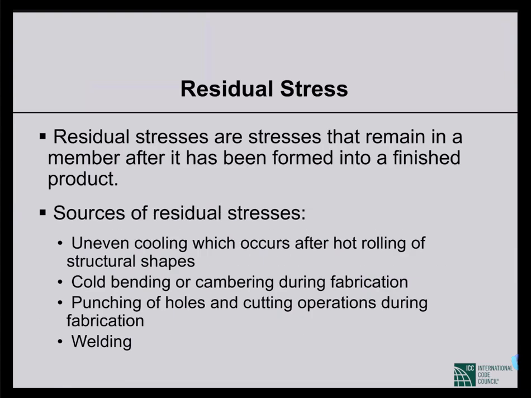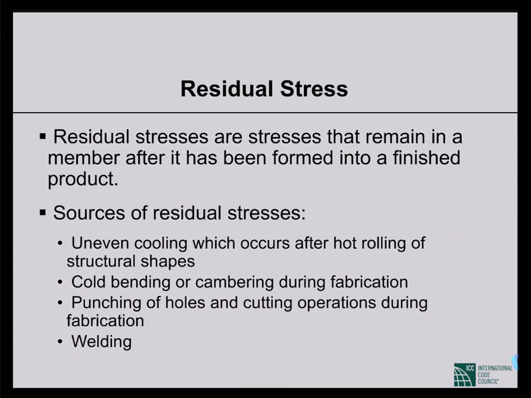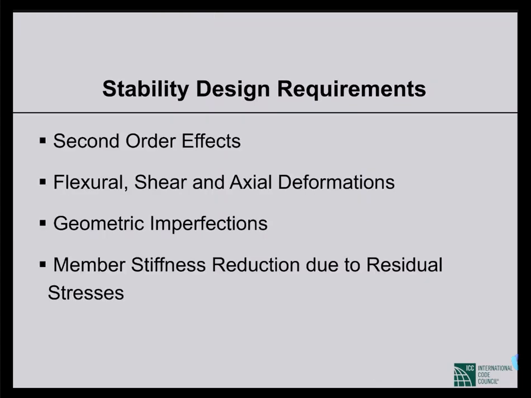Now, we'll discuss a little bit more about how these things can be considered in our analysis and in the design too. You remember we talked about the stability design requirements. One is second order effects.